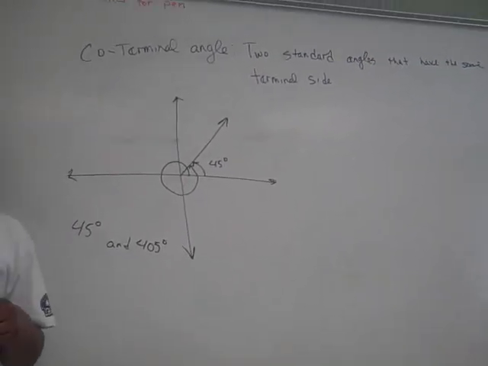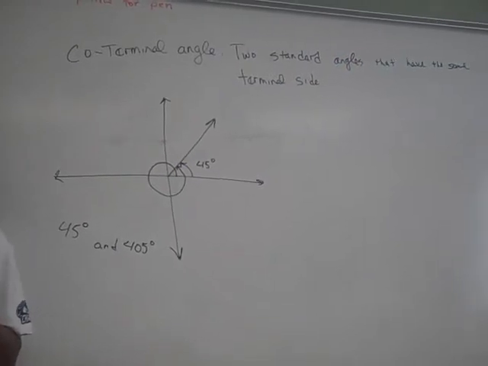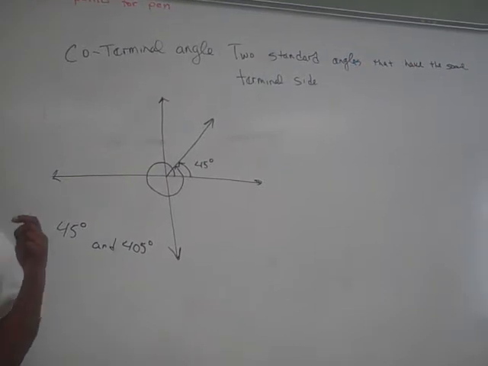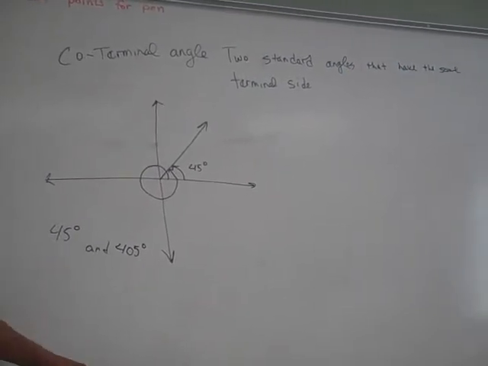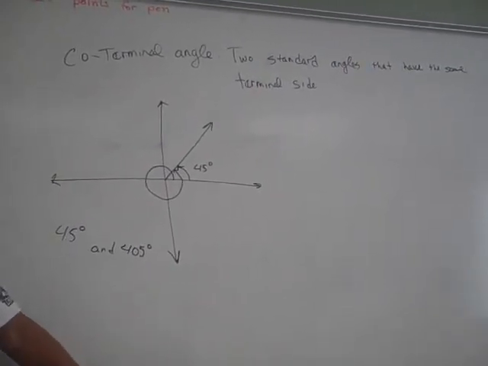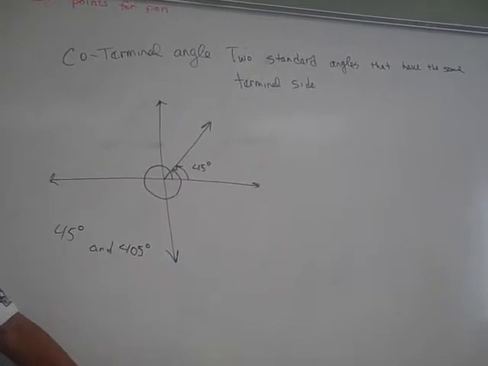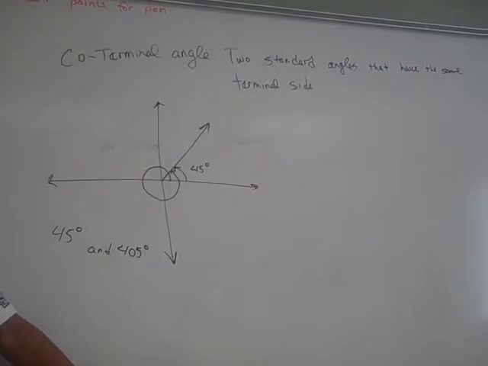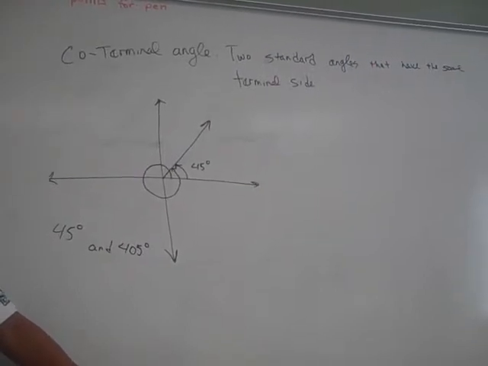Now if I'm dealing with radians, what do I do? Think, don't answer yet. If with degrees I add 360 or subtract 360, what do I do with radians? Why are we talking about degrees when I'm talking about radians?